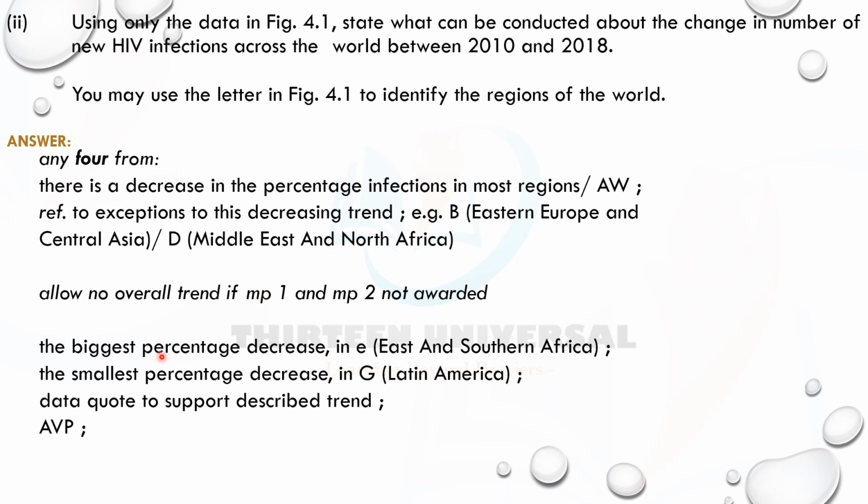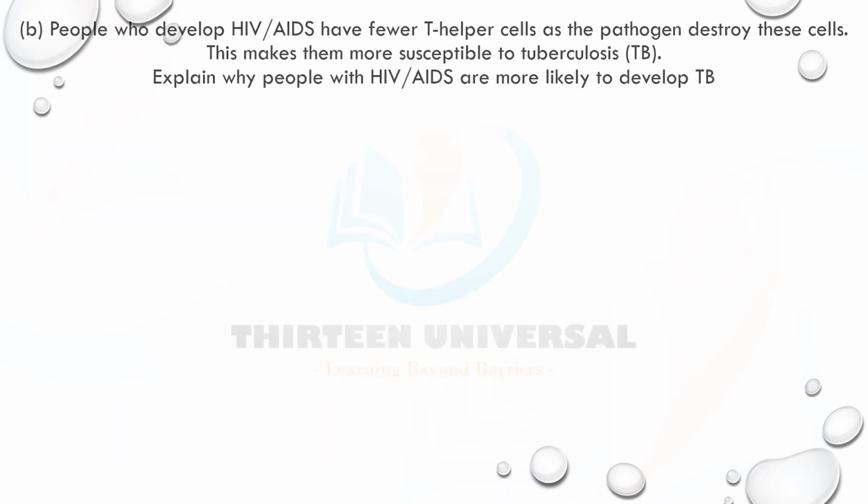The biggest decrease is in East and Southern Africa. The smallest percentage decrease is in Latin America. We saw it; you can go back and look at it. Then you can quote data, and that's all. Description questions are very cheap. Just find the trend, cite the trend, find some features, cite them, and then quote data to support it.